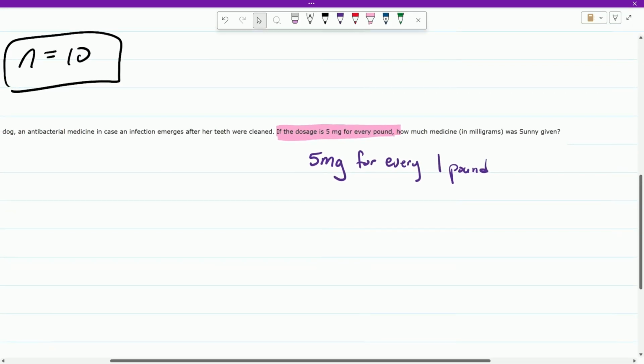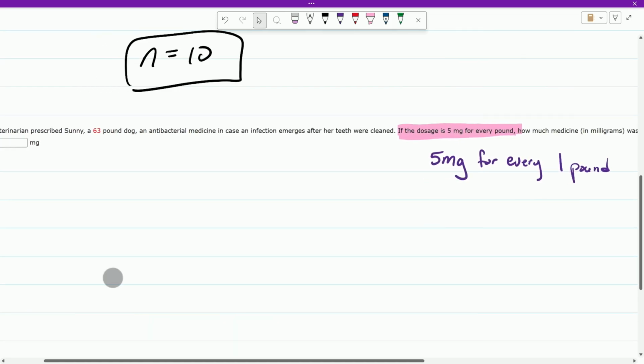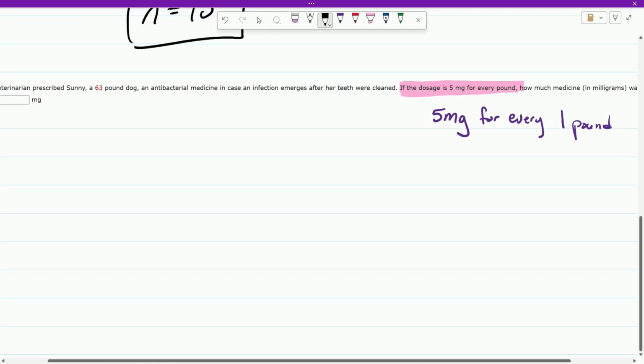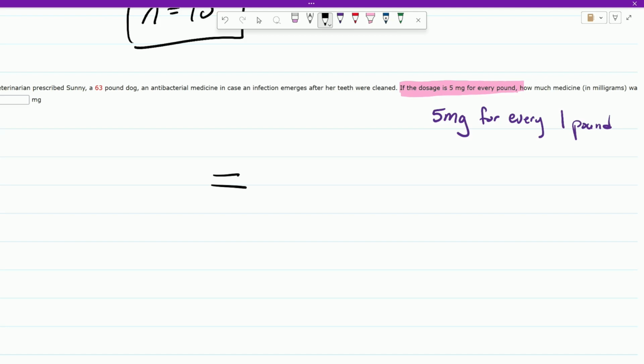So if I just zoom out here a little bit, we got our equal sign. And like I said, it doesn't matter how you set this up. What matters is that you write the proportion out properly. So on the left-hand side, I'm just going to write 5 milligrams per 1 pound. And that automatically means on the right-hand side, the units are going to match as well.